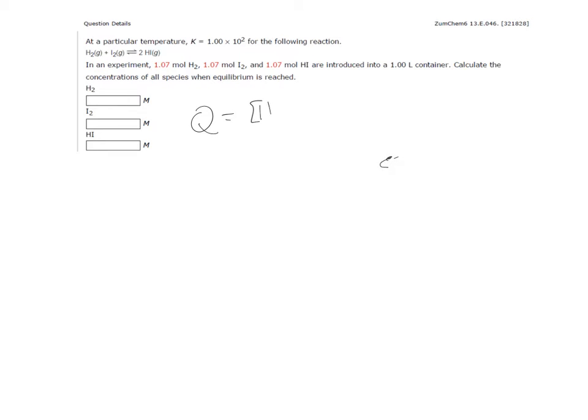It's always going to be calculated the same way as you would for K, except we're dealing with initial concentrations rather than final concentrations. Note that there's a coefficient 2 in front of HI, hydroiodic acid, and because of that coefficient, we include an exponent 2 when calculating.